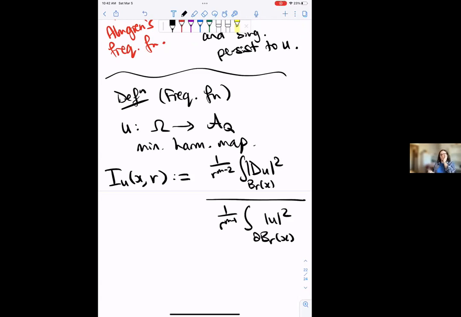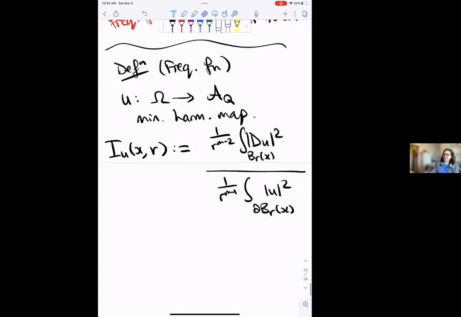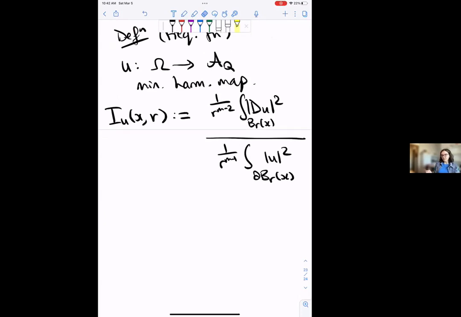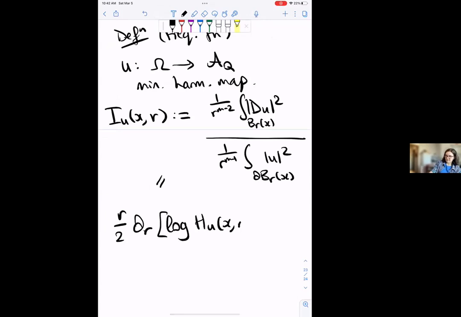There's Dirichlet energy over L2 height, with scaling invariance. This can be written as r over 2 times the radial derivative of the logarithm of the scaling invariant height. So here H_u is exactly this guy in the denominator.